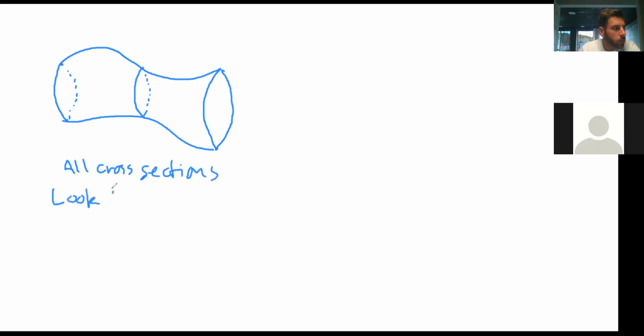My pen gets drunk at the end. Can't have that. Again, if you imagine this as a solid, all the cross sections, if we cut it a certain way, look like circles.